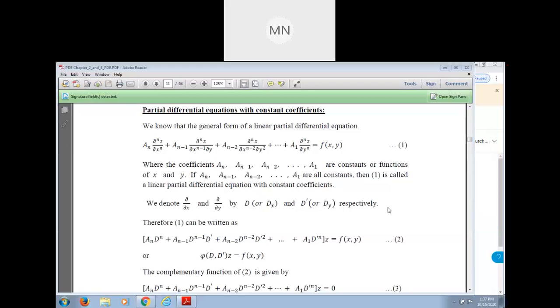Here also x and y are independent or dependent?